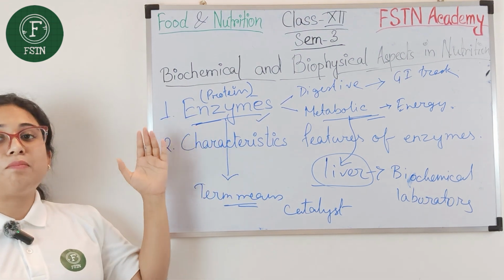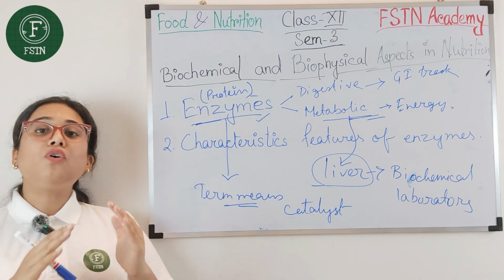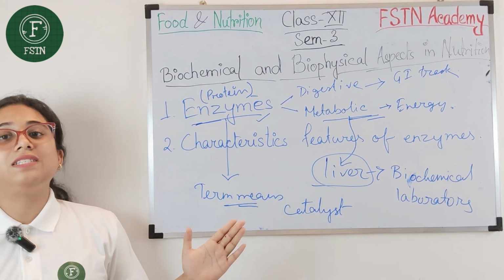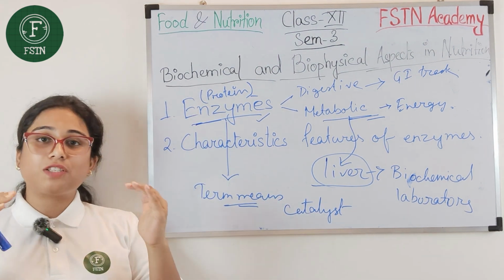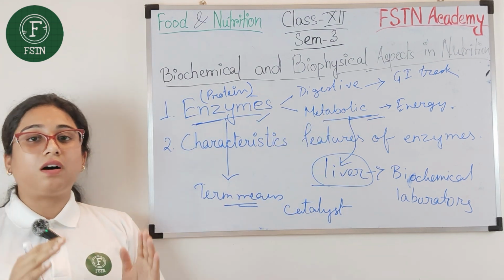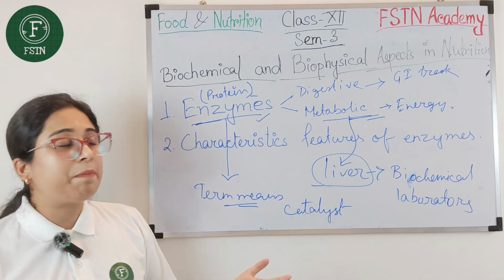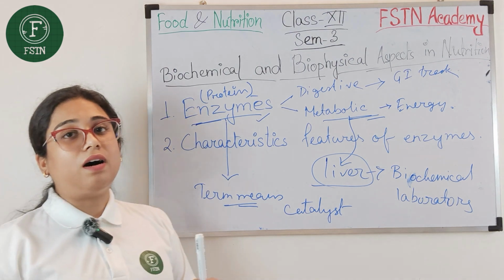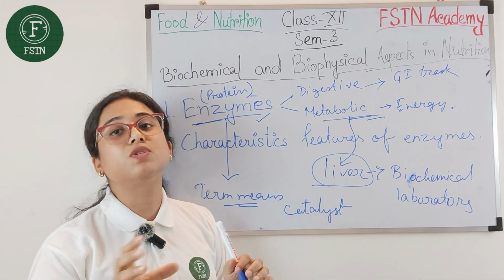So the enzyme is the most important biochemical component in our body to decide the destination of any ingested food. The ingested foods are broken down into the smallest particles through digestive enzymes, and those absorbed food items generate energy or ATPs through metabolic enzymes. So by catabolism or anabolism, enzymes perform in this way.